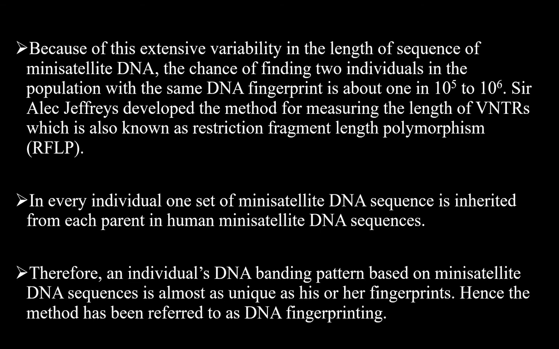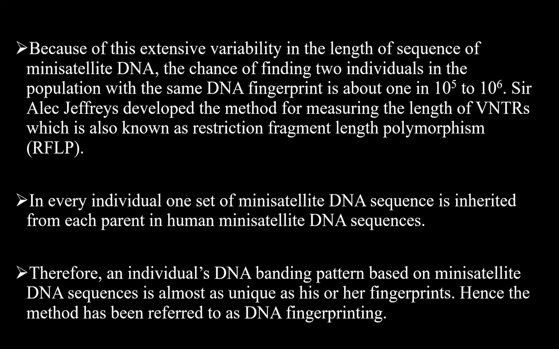polymorphism, and in short RFLP, that is restriction fragment length polymorphism, RFLP. In every individual, one set of mini-satellite DNA sequence is inherited from each parent in human mini-satellite DNA sequences.